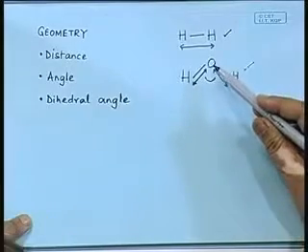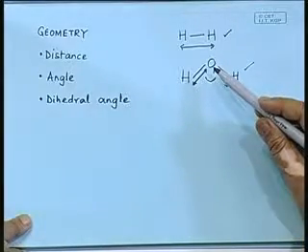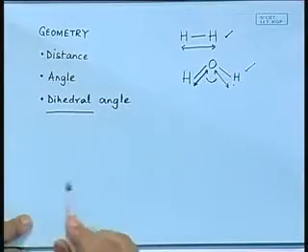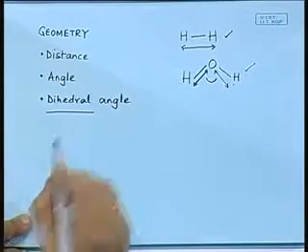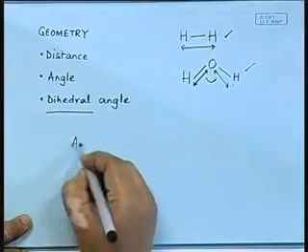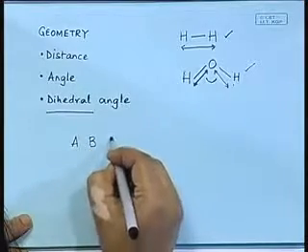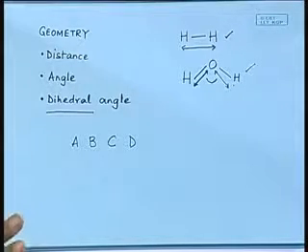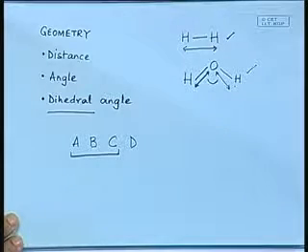If you have a triatomic molecule, what do you need? You need two distances and an angle. Fine. Now, what is this dihedral angle? Suppose you have 4 atoms A, B, C, D, right? You know that a plane is defined by a minimum of 3 points. So, I can define a plane using the atoms A, B, C.